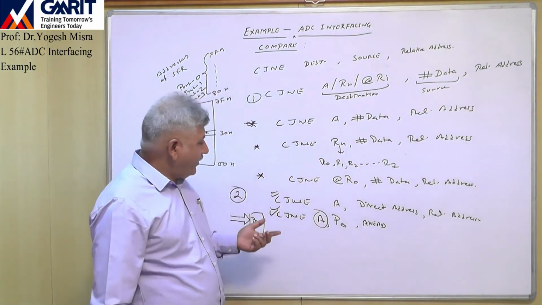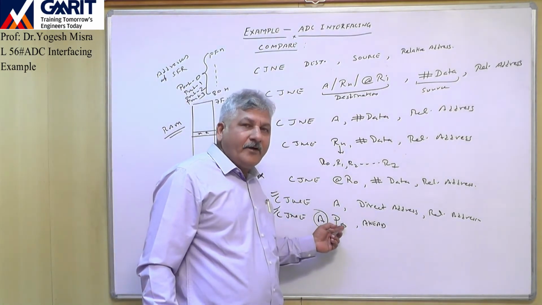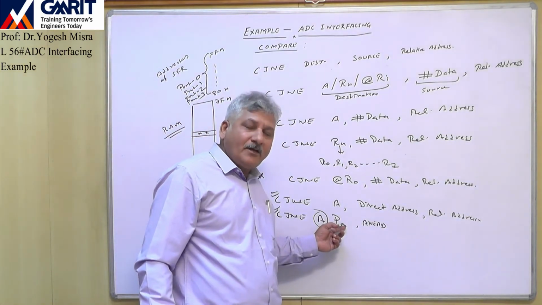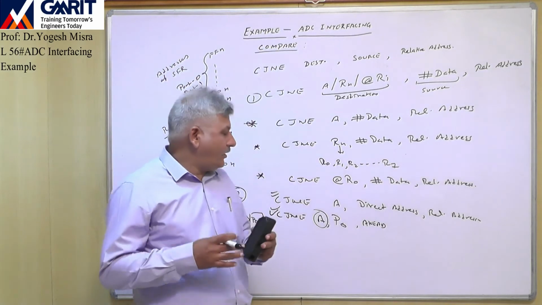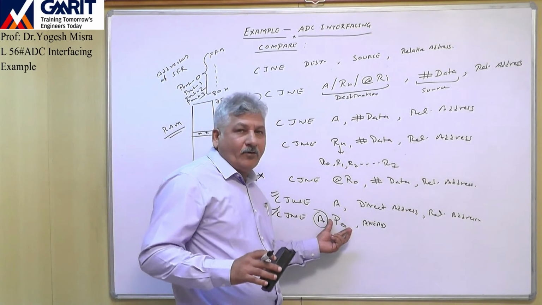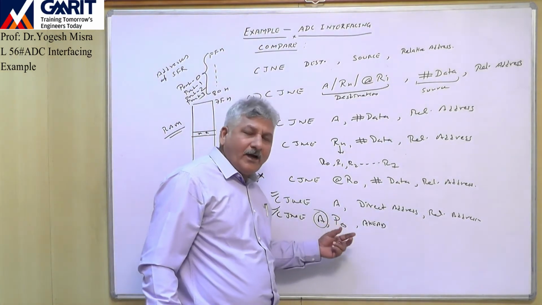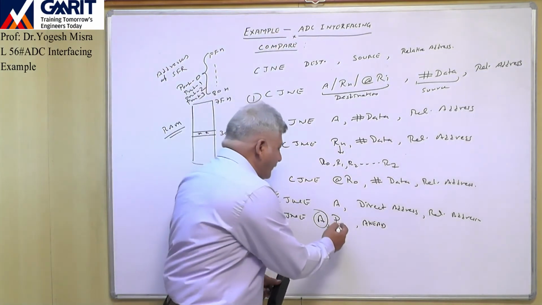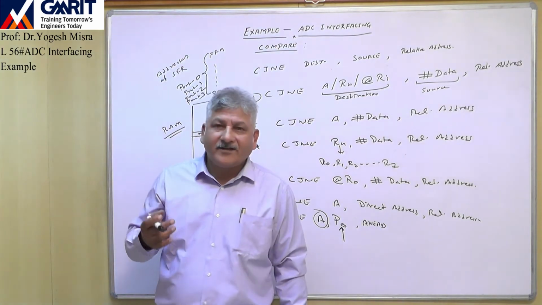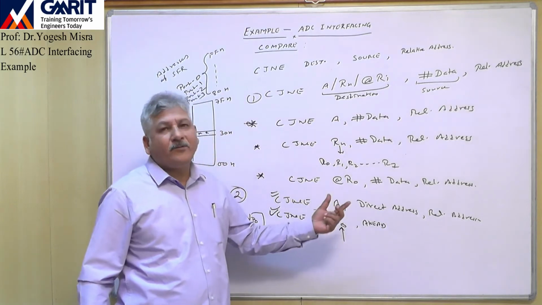Only thing is, here you have to mention the address of the port, but it is difficult to remember all the addresses of the special function registers. That's why the user can use the name of the port while writing a program. After that, when you compile this code, the address of port 0 will be calculated by your assembler or compiler, and P0 will be replaced by that address.